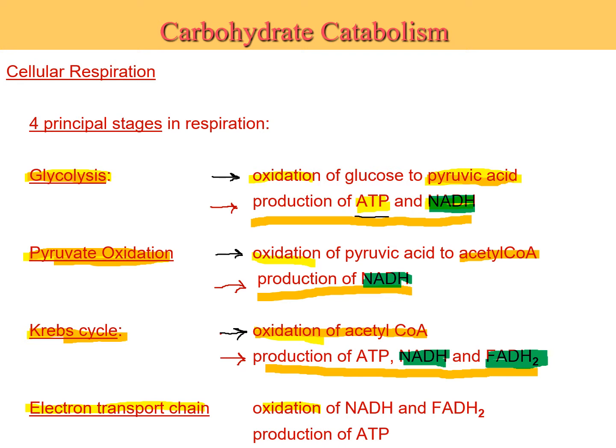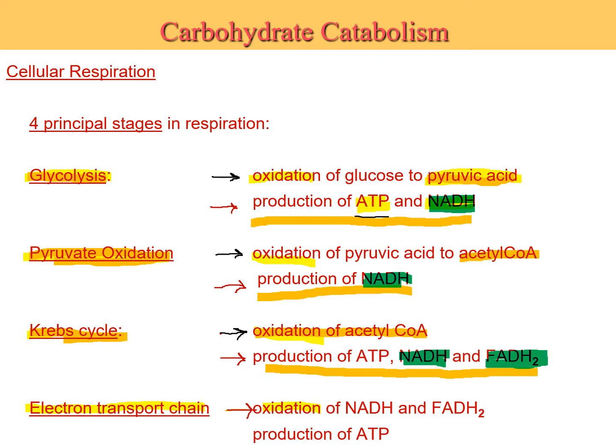So each of these, and now this is an energy producing step, okay? So all of these can undergo oxidation and produce energy by oxidation of NADH and FADH2 to produce ATP.